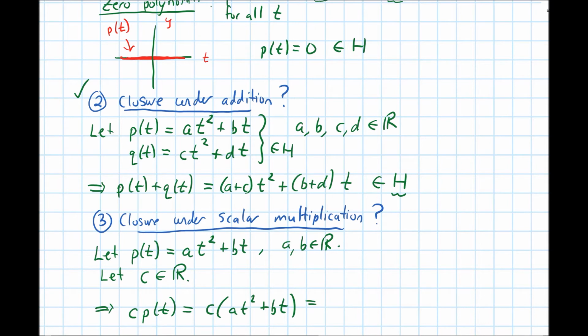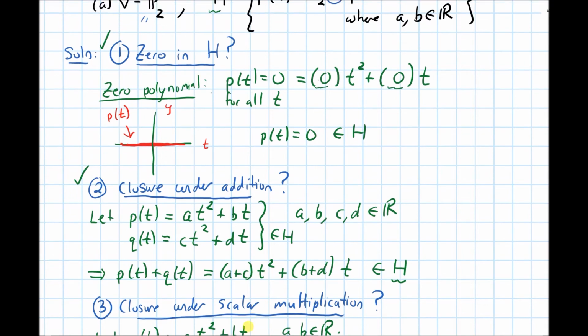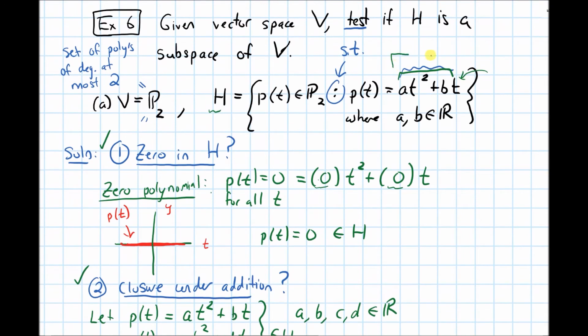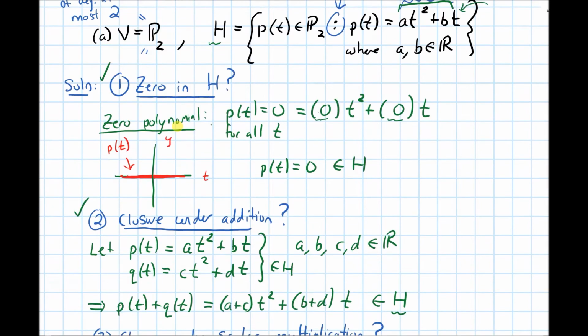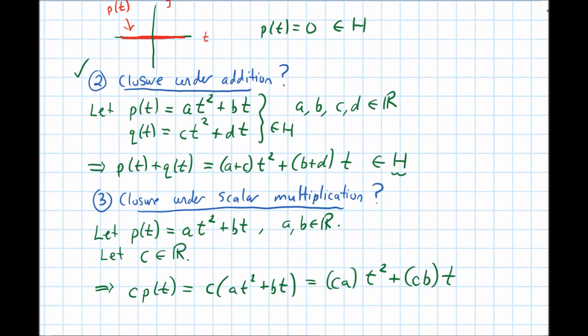And if we do that, we get ca times t squared plus cb times t. And overall, this still has the form that things in H are supposed to have. It's something times t squared plus something times t. So this is in H. It's in our set. So we do have closure under scalar multiplication.